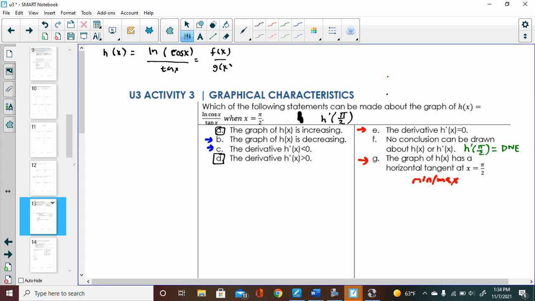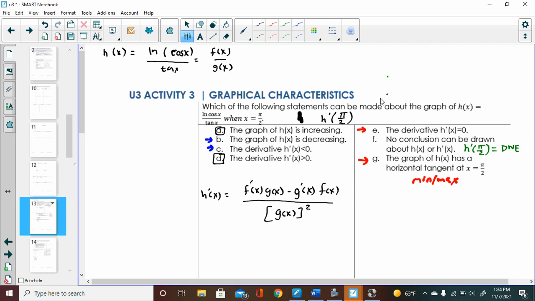So I'm going to use the quotient rule here. So h prime of x equals f prime of x times g of x minus g prime of x times f of x, over g of x squared. The great thing about these derivatives is you get lots of practice. It looks so foreign as a concept at first, and then you realize how easy it is.